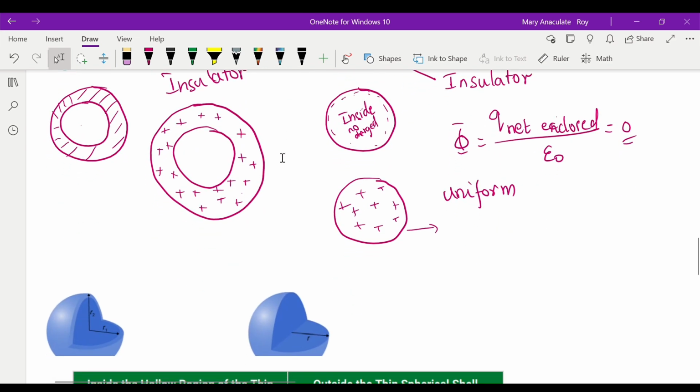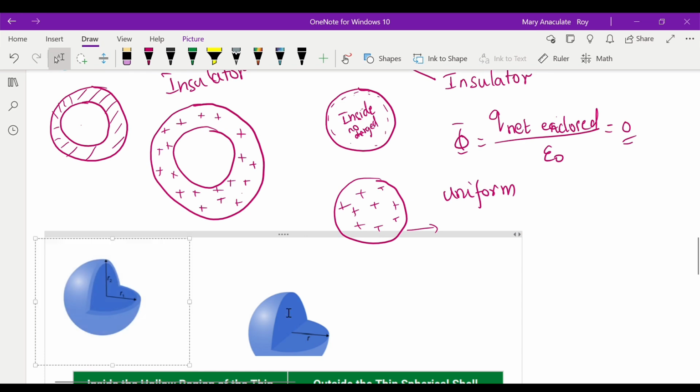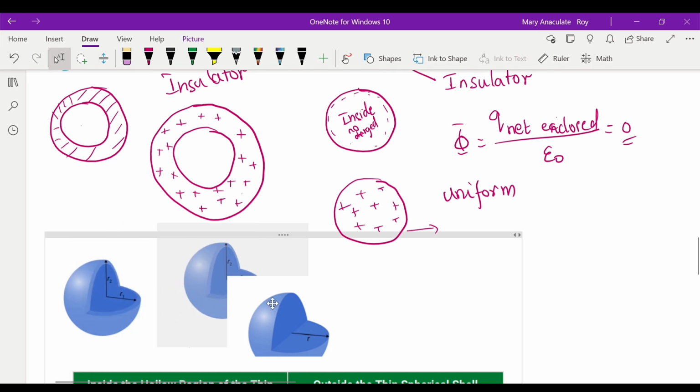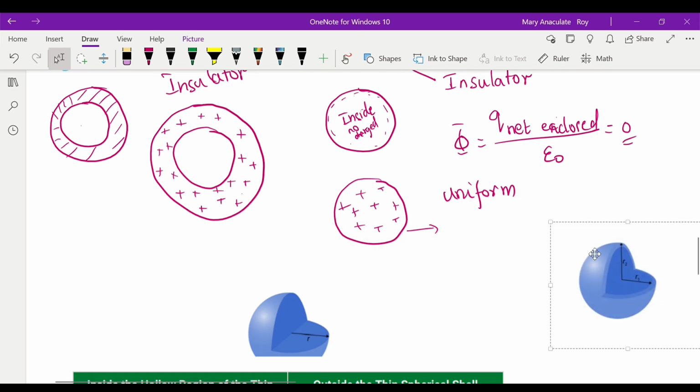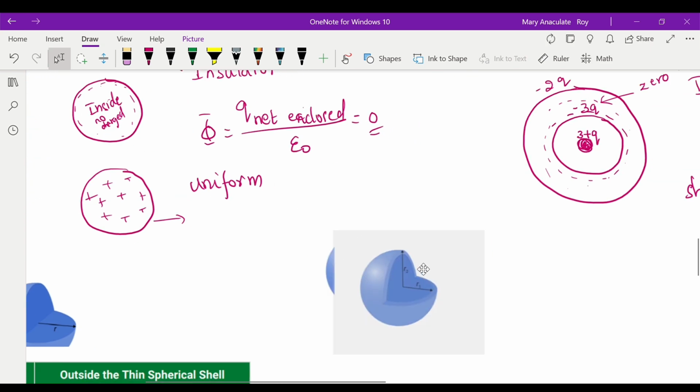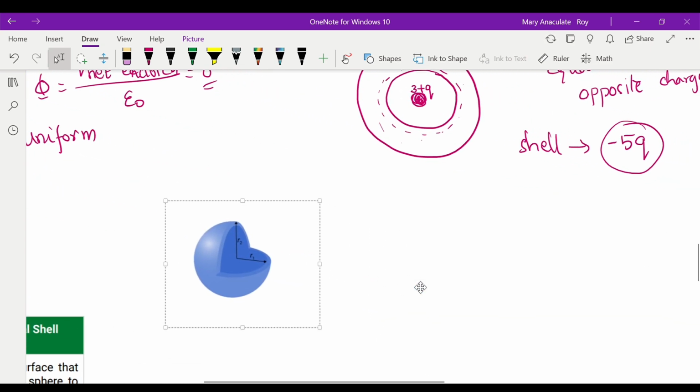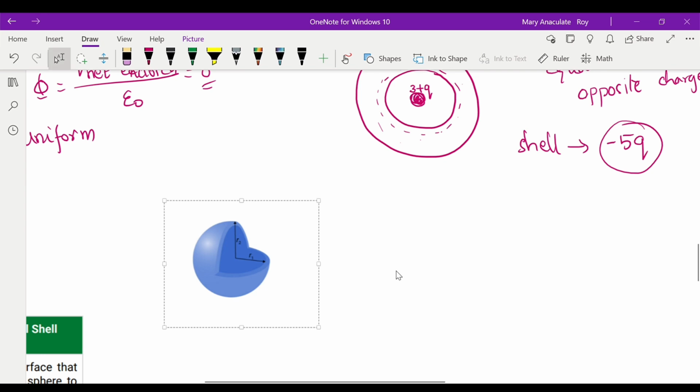Now let's see all the cases when you have a spherical shell. This is a picture of a spherical shell. You have the inner radius R1 and the outer radius R2. Inside the shell it is hollow, there is nothing, no charges present; the charges are on the shell alone.